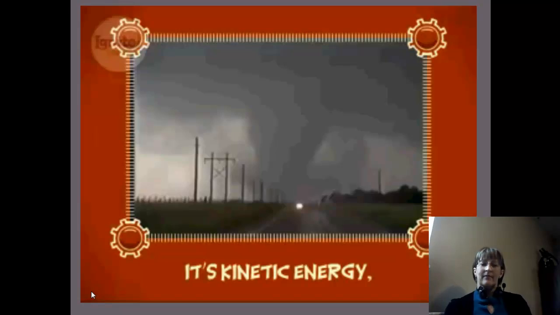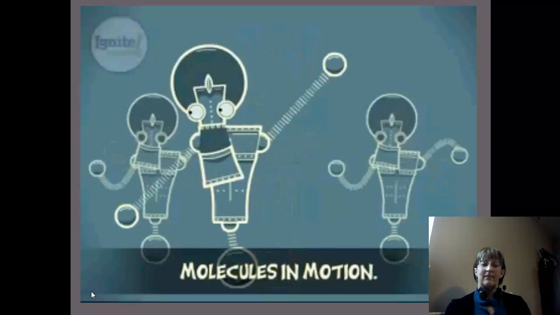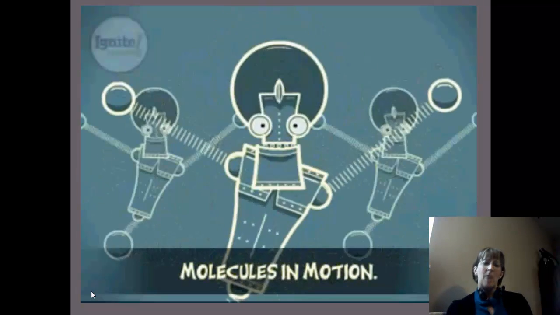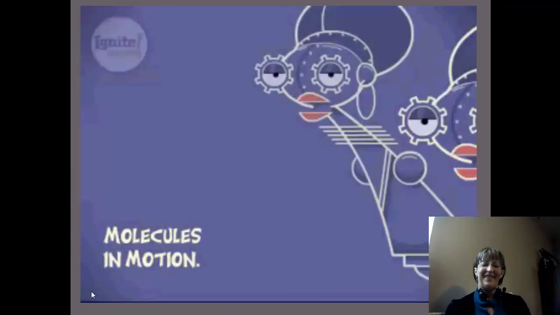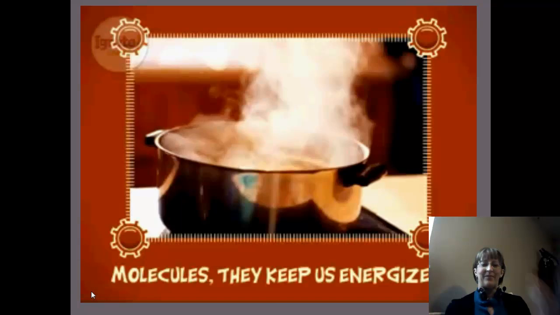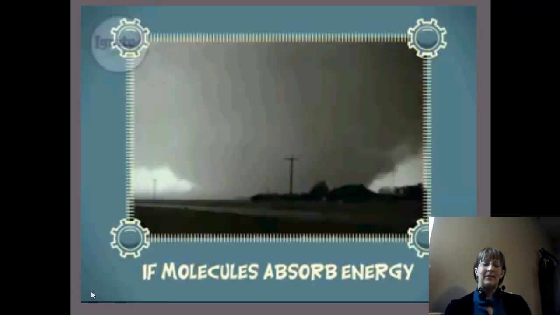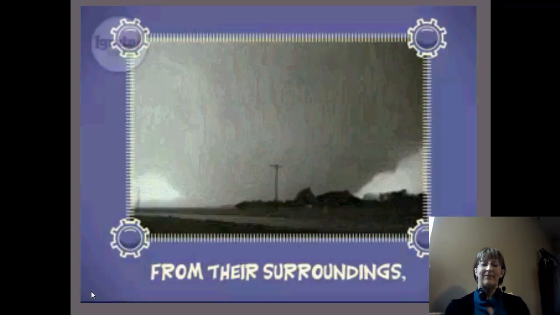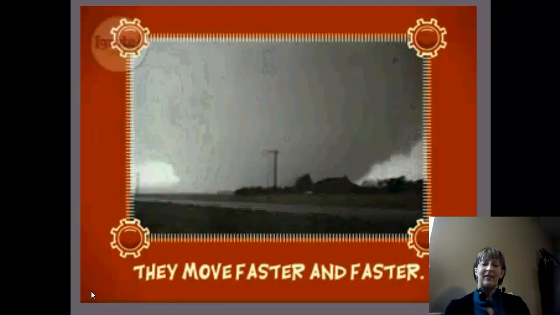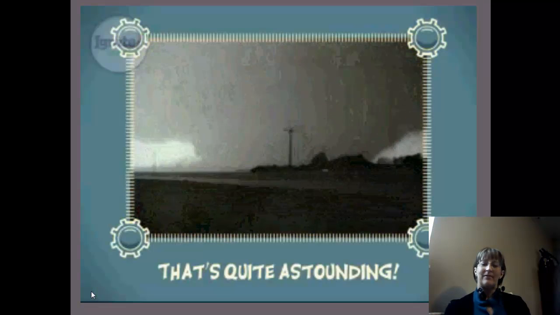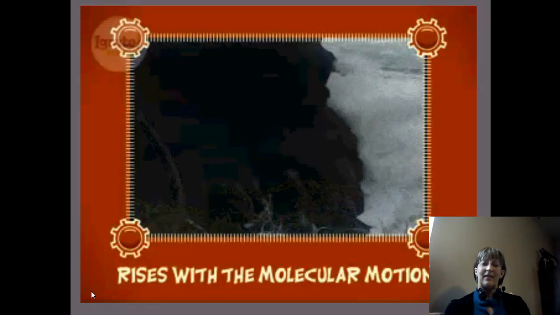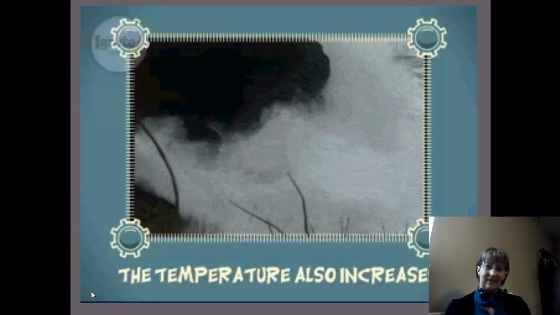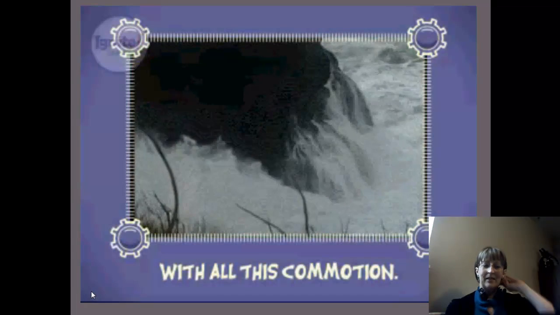It's kinetic energy, molecules in motion. If molecules absorb energy from their surroundings, they move faster and faster. Just like the kinetic energy rises with molecular motion, the temperature also increases with all this commotion.